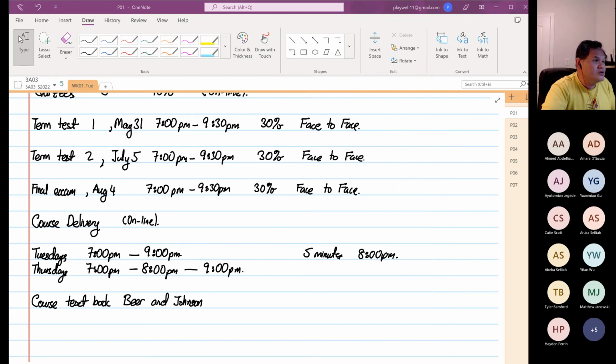The class average last term was 61.5%. The number of people having A is 12%, B's is 17%, C is 23%, D is 33%, and F is 14.4%.